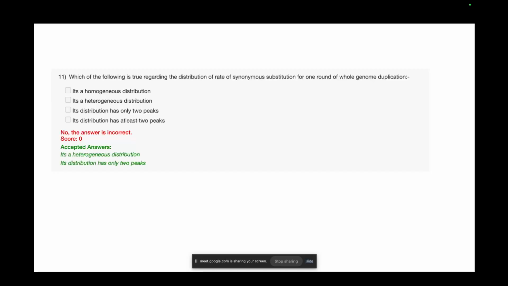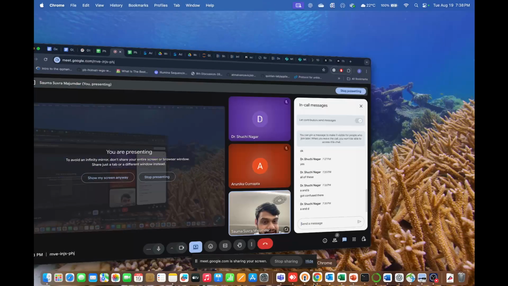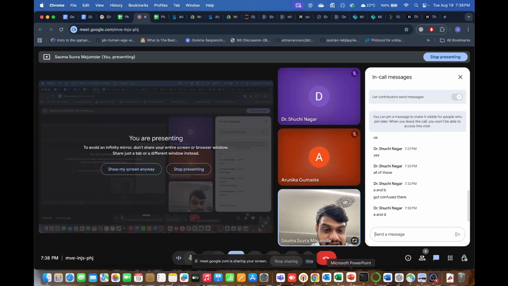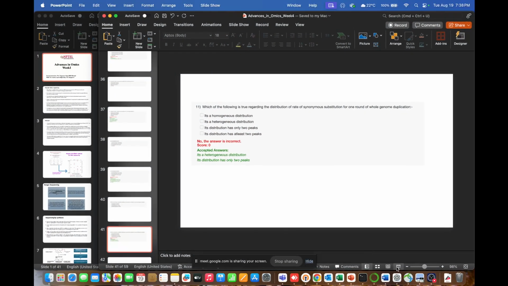Yeah, so it can be a bimodal or a multimodal distribution. Mainly a bimodal distribution, which is why it will have two peaks, because there are basically two major values of frequency around which it will cluster more. So it will be bimodal and heterogeneous. Homogeneous, nothing will happen. So the answer is basically B and C, not A and D.